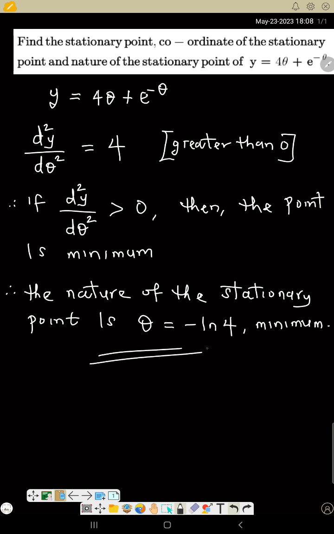So that is the nature. The nature of the stationary point is that it's minimum. So that's it. So we have solved the question.